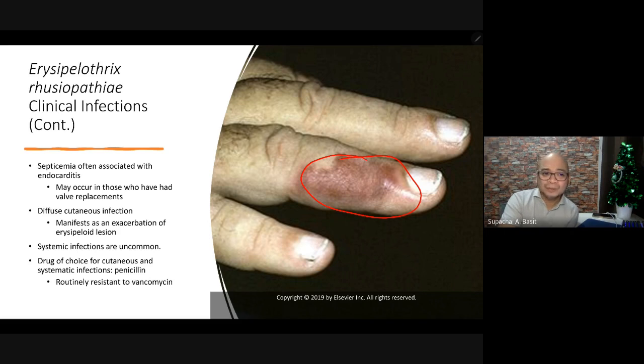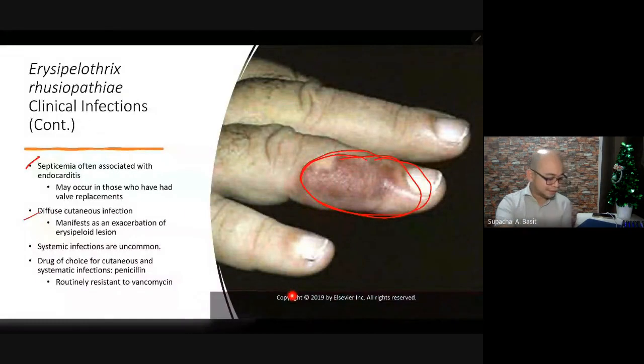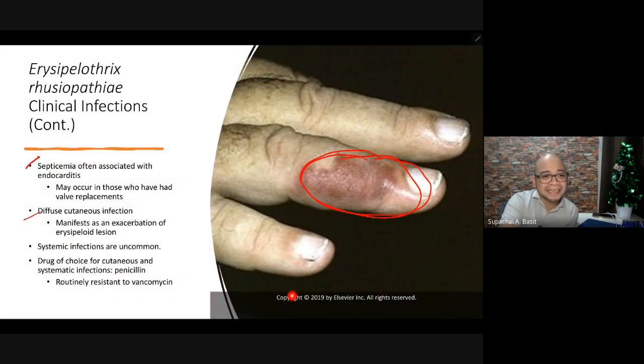But what we do not want to get is a systemic infection, meaning from the local infection, it goes to the circulation. So there would be septicemia, and it is associated with endocarditis. It may occur in those who have had valve replacements. Or there would be a diffuse cutaneous infection, which manifests as an exacerbation of the erysipeloid lesion.